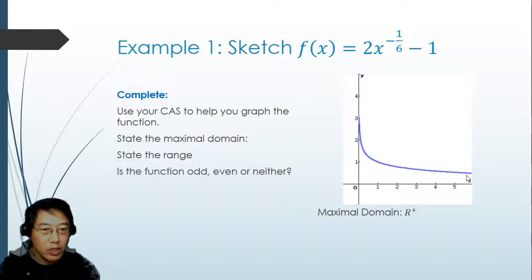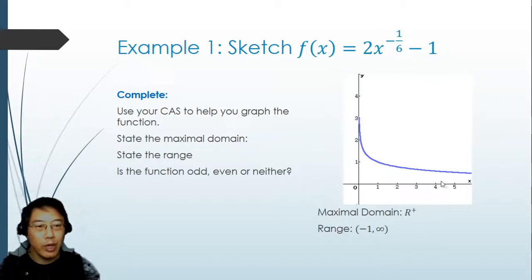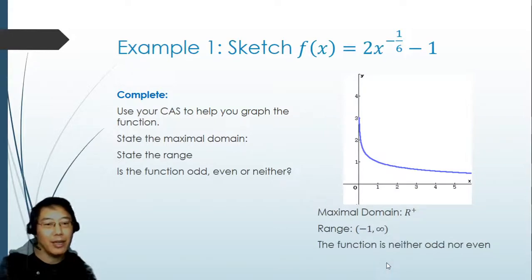It's converging towards a value, and that's coming from this equation. As x becomes very large, that y value will converge towards -1, so that will give you the range. You can't just rely on this graph, you will also have to look at the rule. There is no symmetry from the y-axis, from the x-axis, or both, so it's neither odd nor even.